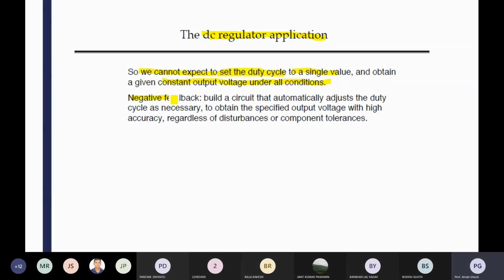You build a circuit that automatically adjusts the duty cycle as necessary to obtain the specific output voltage with high accuracy, regardless of disturbances or component tolerances. So I think you are able to understand the basic features of negative feedback, and why you are going for negative feedback.